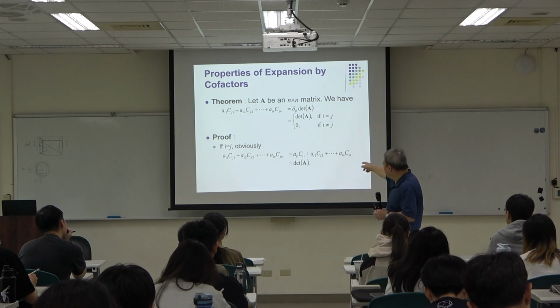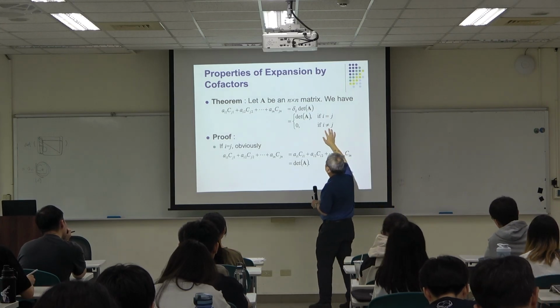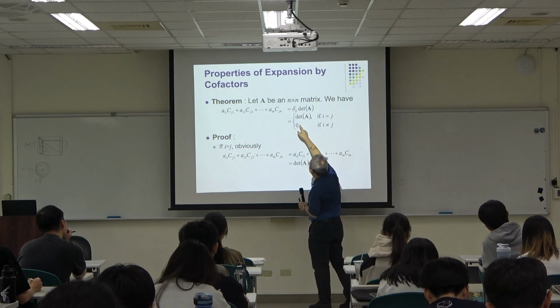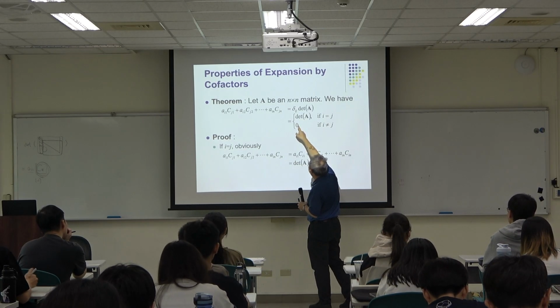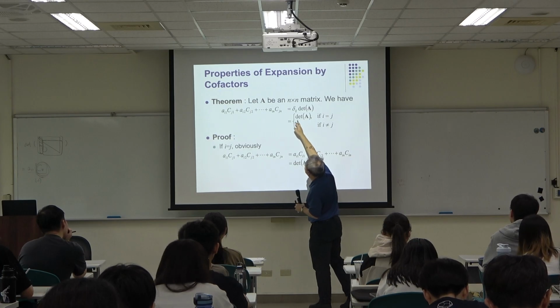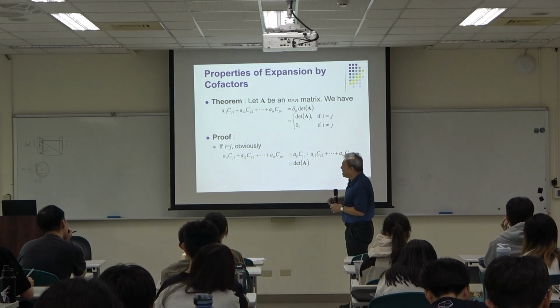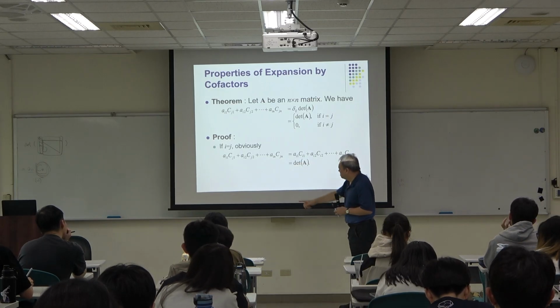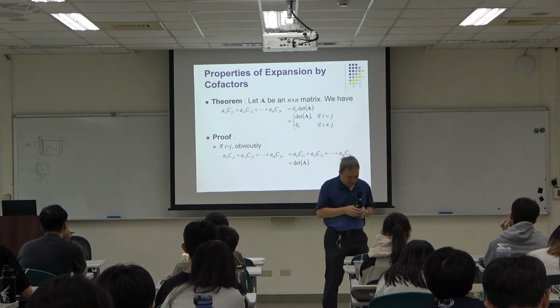So you can see that magically it's like an equation. If I is not equal to J, delta ij becomes 0, so the whole thing becomes 0. If I equals J, delta ij becomes 1. So if I equals J, obviously that's the case, and it follows the definition of determinant.